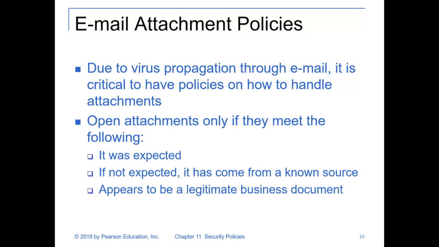Even that second one is not going to be 100% effective, or really any effective, because you don't know if that known source has been compromised. The known source could be compromised and sending out emails with the virus. So I would not even recommend allowing the attachment to be opened with the second option here.